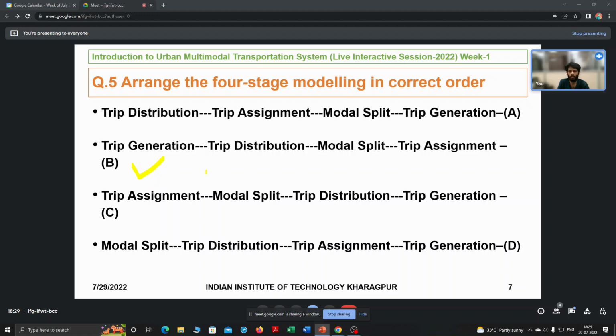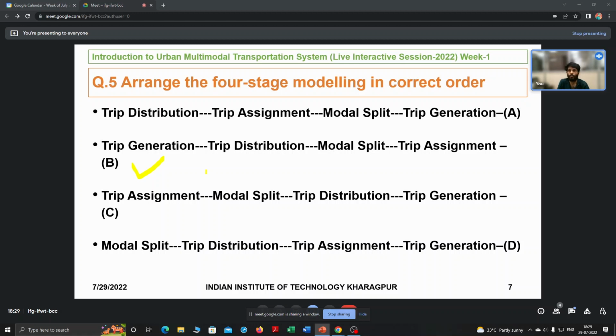What the gravity model does is it uses some kind of impedance or metric. It can be travel cost, it can be travel distance, it can be any other transportation impedance indicator. Why is it needed?